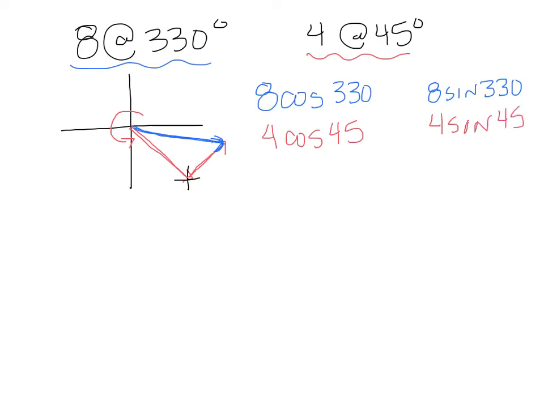So we're going to need to utilize our calculator to find these things. So we're going to do 8 cosine of 330, and that is going to get us about 6.93. And then I'm going to do 8 sine of 330.